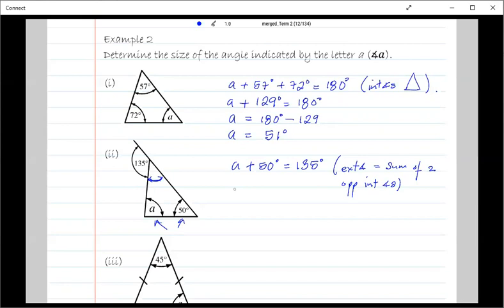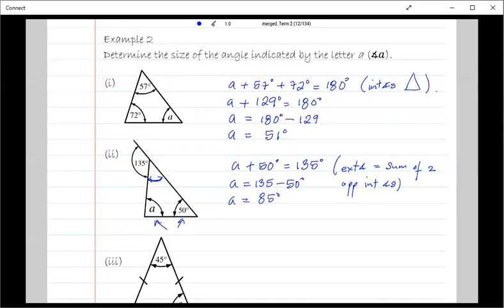So A would be equal to 135 minus 50 degrees. So A would be equal to, is that 85? Yes, sir. 85 degrees. Did you get that? Yes, sir. So the exterior angle of a triangle is equal to the sum of the two opposite interior angles.